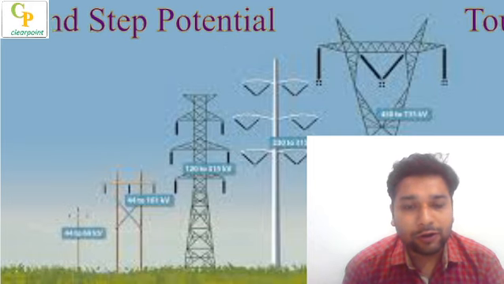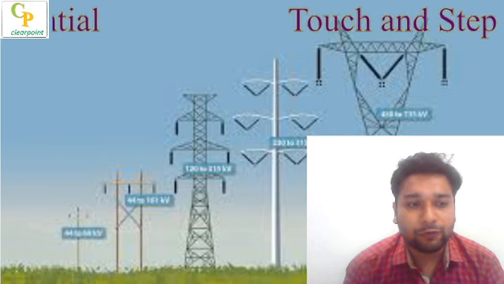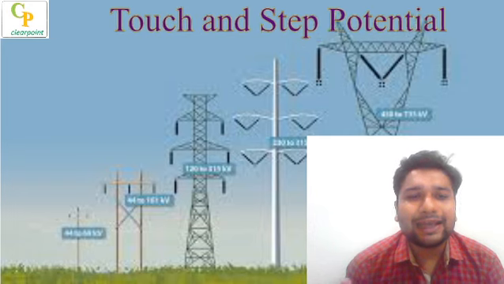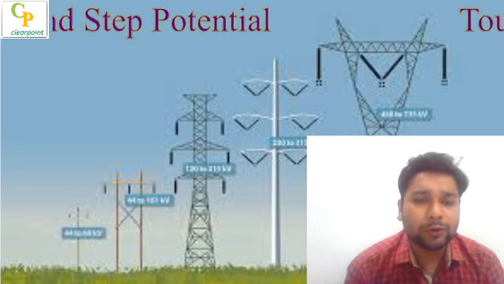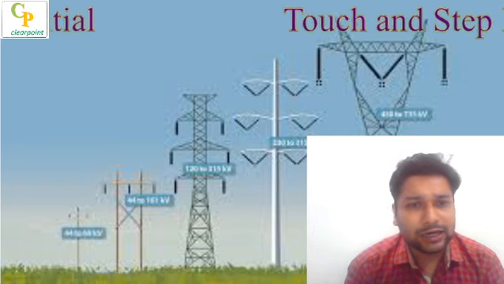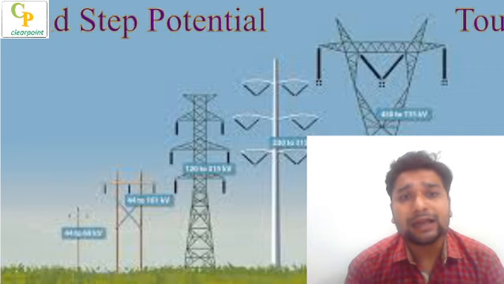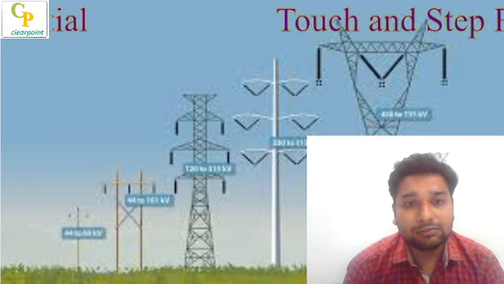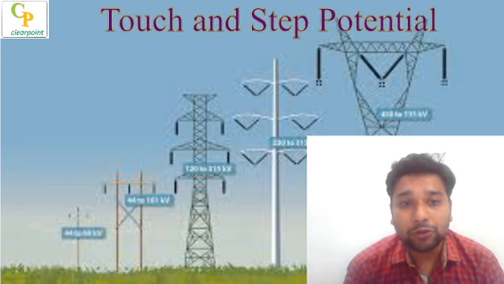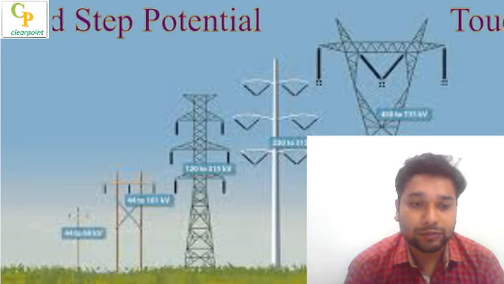It will fall on the ground, and whatever current is flowing will create a potential in that particular area up to a certain distance, which I will disclose at the last point. The area gets energized, and that's why we are interested in knowing what step potential and touch potential are.